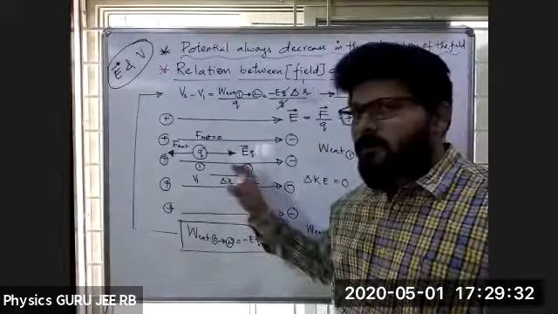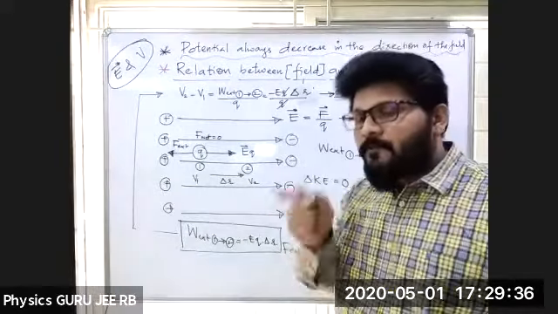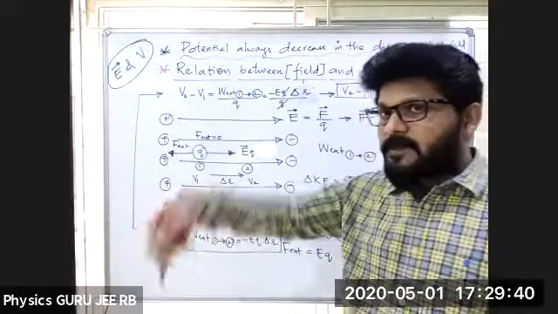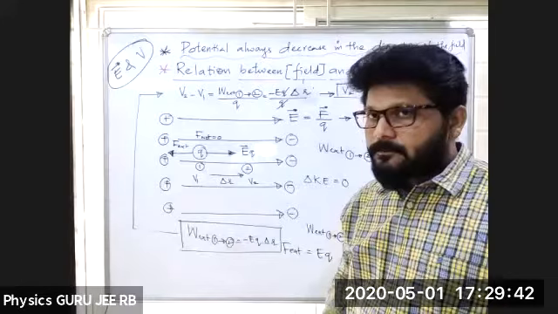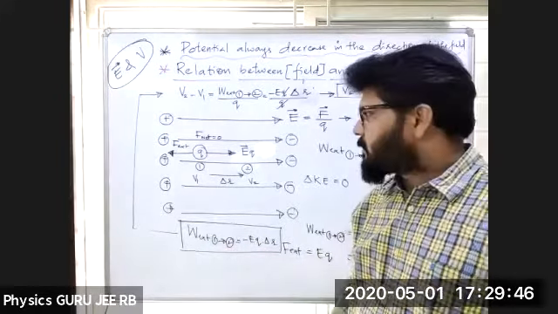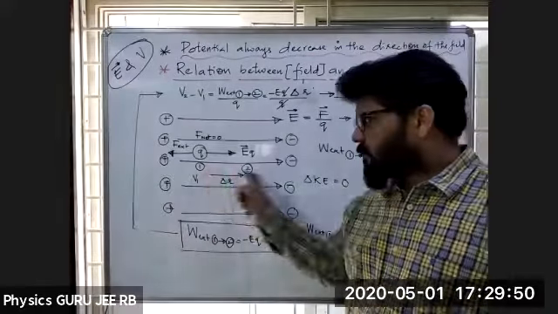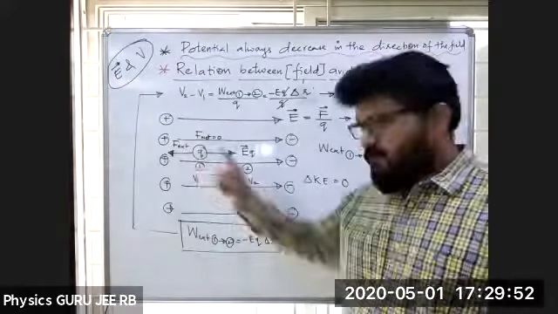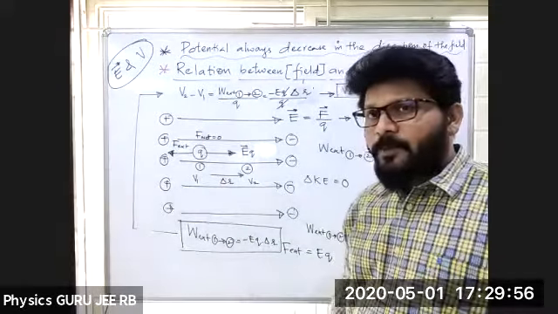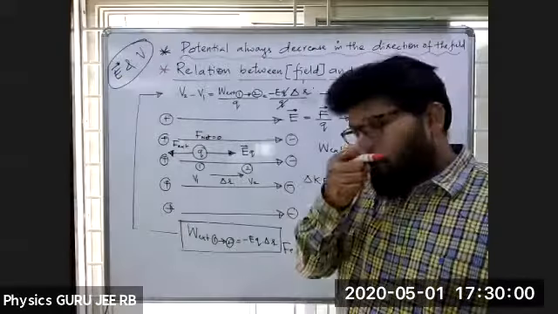If I want to find the relation between E and V, first I would like to find the work done, because work done is linked with potential. Work done to move a charge from one point to another point, right? So I'm taking two points, 1 and 2. I place one charge here. When I place a charge, there is no need of doing external work. Conservative forces are not required here.